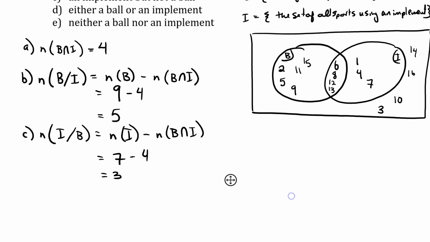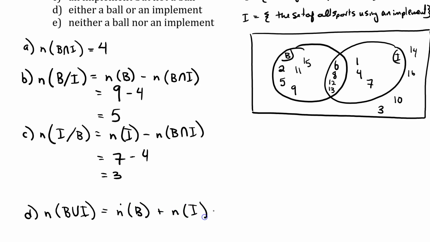Question D, either a ball or an implement. So what I'm saying is the number in B union I. So anything that uses a ball or an implement. We know from before, that is the number in B plus the number in I minus the intersection, so we don't double count.